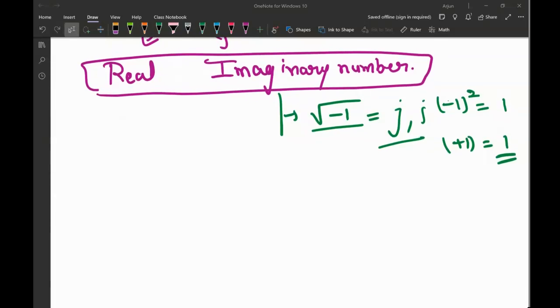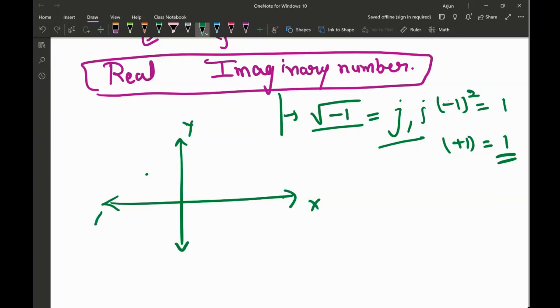The idea of an imaginary number is the same as when we draw any trigonometric function, or for that matter, any point on the coordinate plane. This portion becomes the y-axis, this is the x-axis, and imaginary numbers are represented on the y-axis. So this becomes a representation for imaginary numbers.